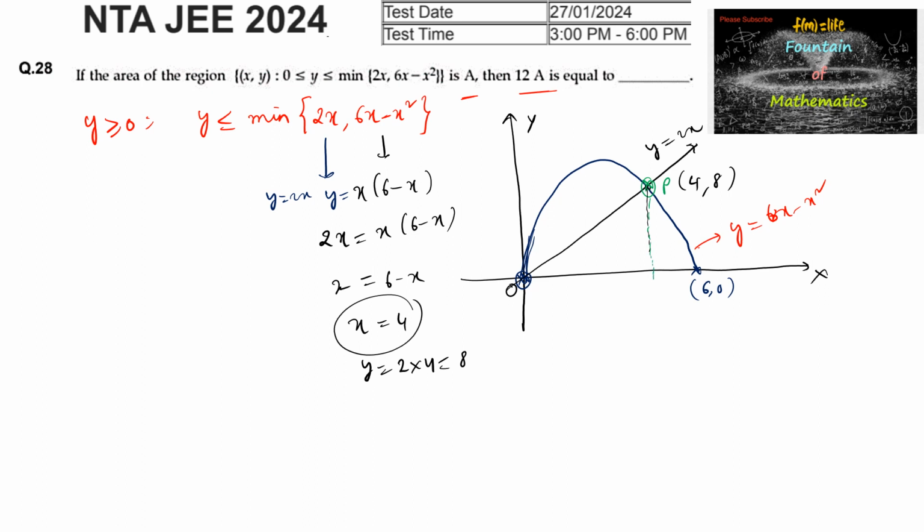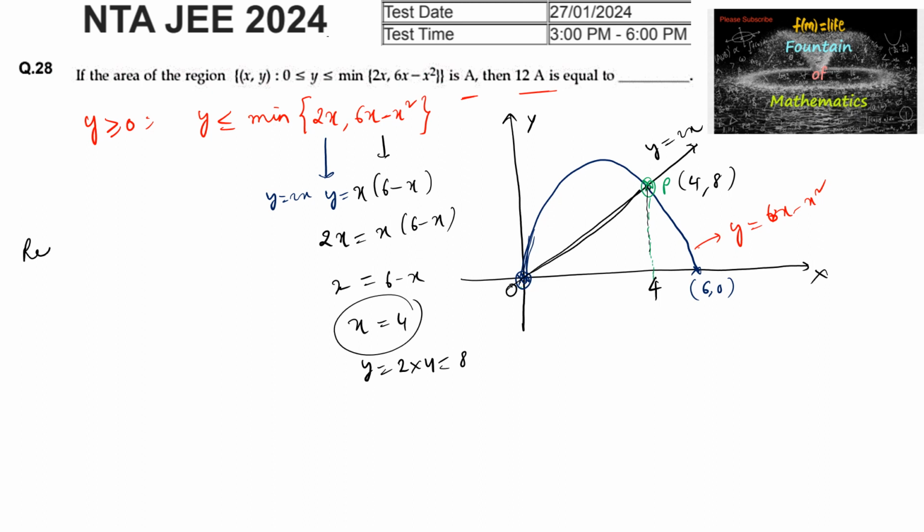The area of the region is above, y is greater than or equal to 0, the positive y, and it is less than or equal to the minimum among these functions. So from 0 to 4, the minimum is the straight line.